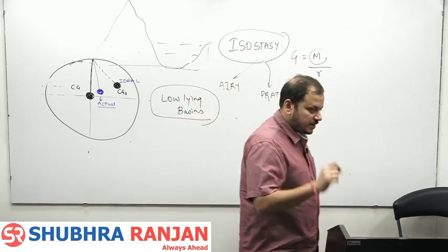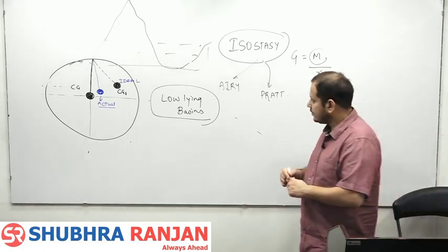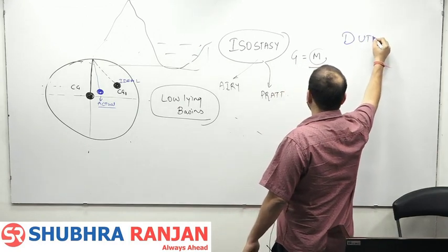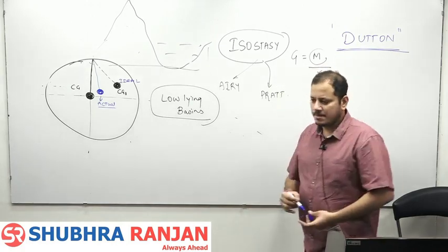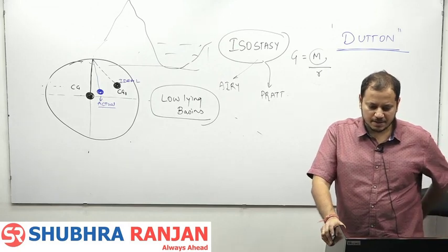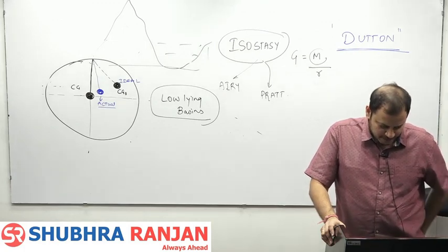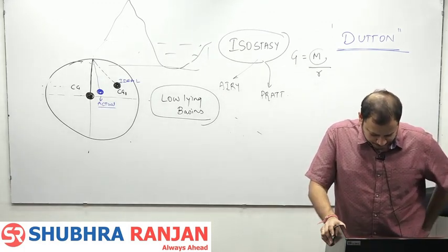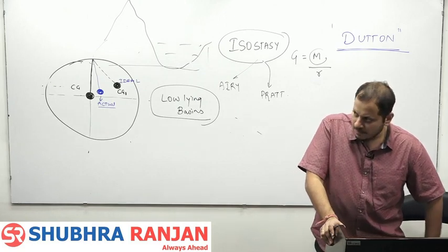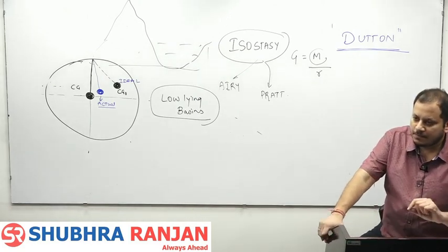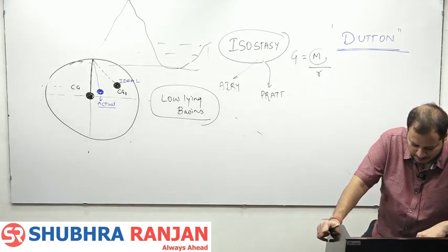The term was first given by, isostasy में ये नाम आना ही चाहिए, Dutton, to determine the state of gravitational equilibrium between the different relief features.